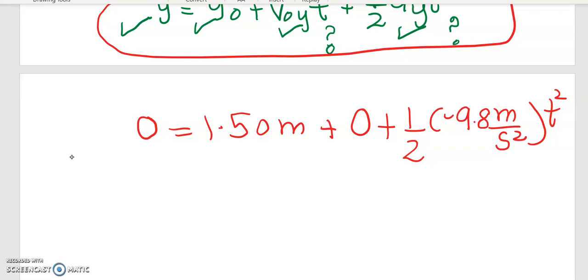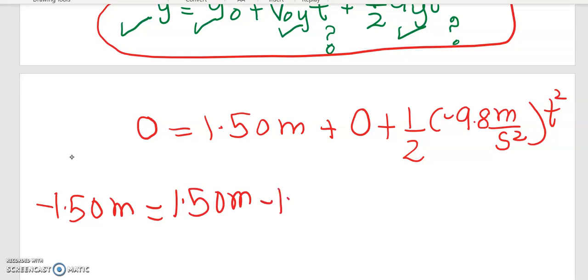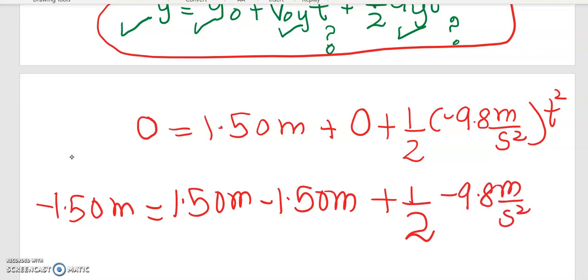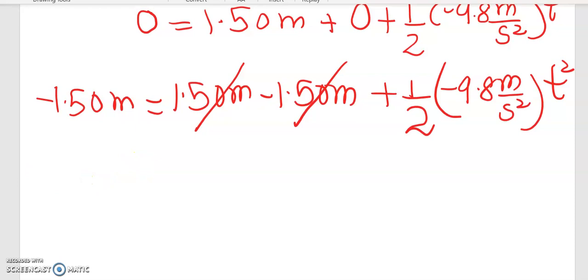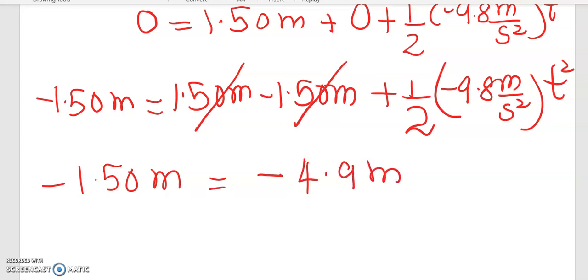So I have to subtract 1.5 from both sides. And when I do that, this is what I get. I'm going to write negative 1.50 meters is equal to negative 4.9 meters per second squared times t squared.